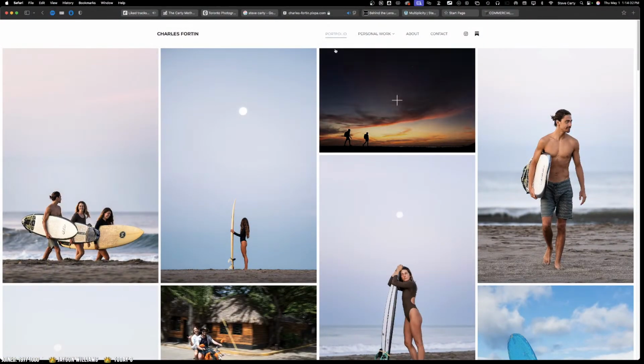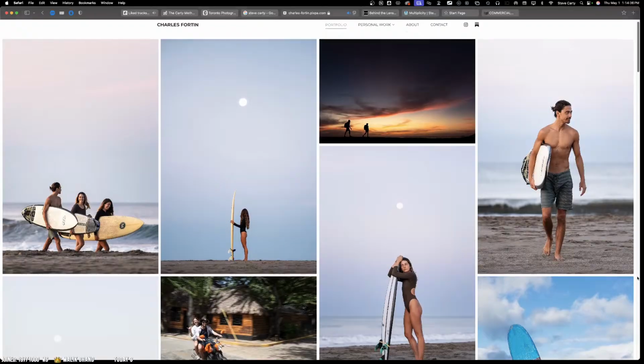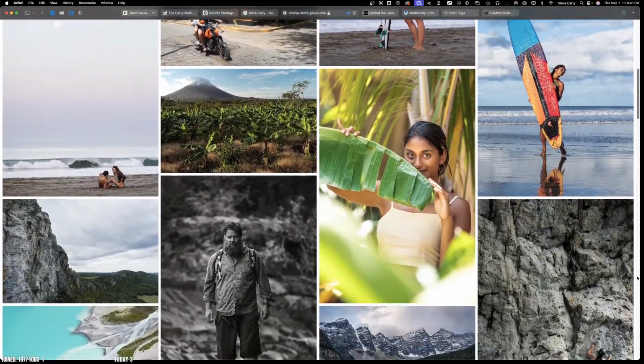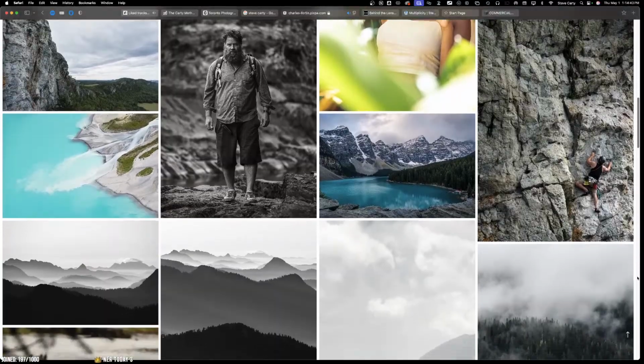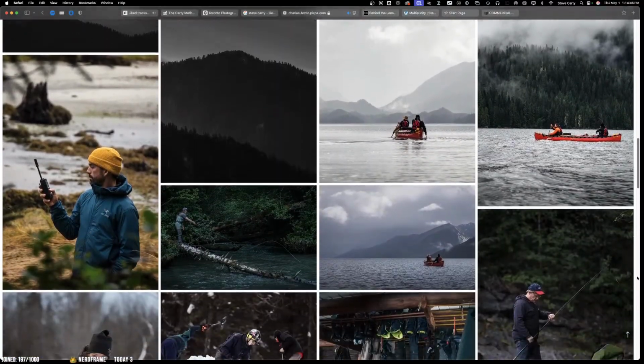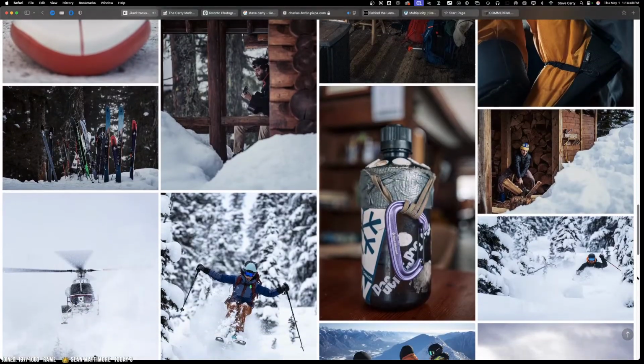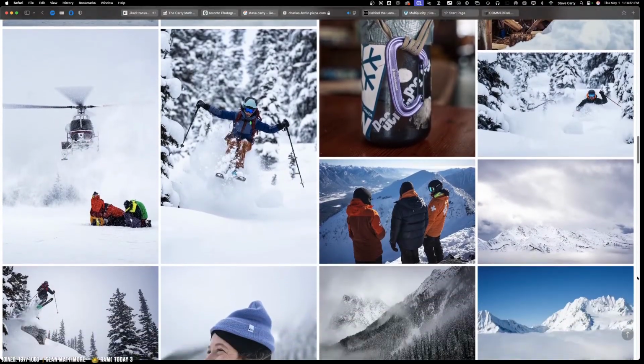But to see what this guy's portfolio looks like after being with me for, call it 5 months, and seeing how far Charles' work has progressed and how he understands now how to package it. He's in the system.